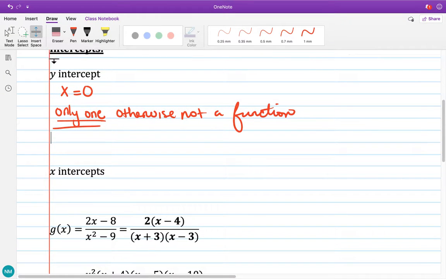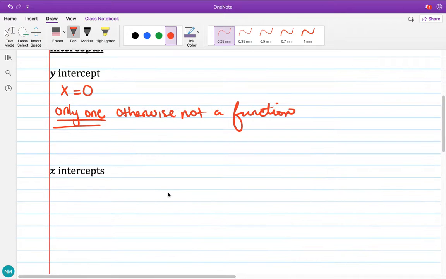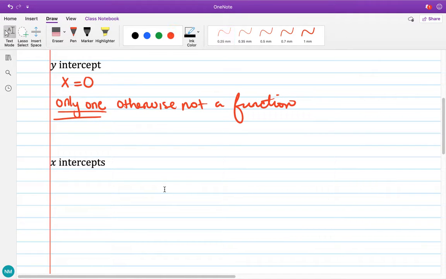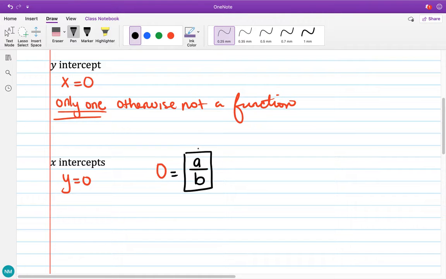For x-intercepts, here's the thing that changes things up. The difference between x-intercepts and y-intercepts is that this is when y equals 0. So if I have a function like y equals a over b, it doesn't really matter, and I have 0 equals a over b, what would have to be 0 in a over b in order for the whole thing to be 0?